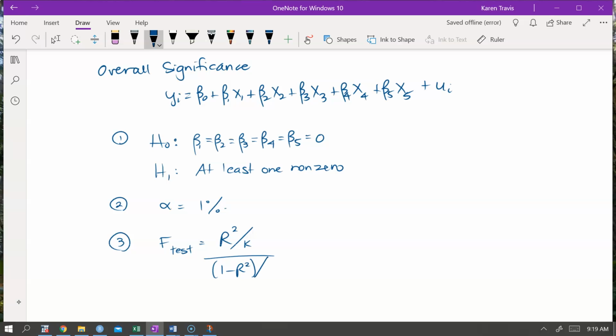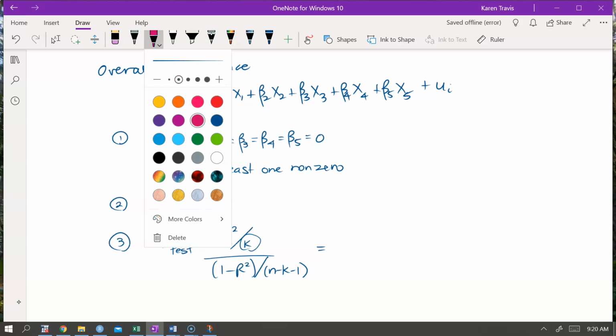It won't work to run a restricted regression with no slope coefficients. This one is based on underlying results from analysis of variance. Well, all regressions are based on that, but for this particular F test calculation, we only need the r squared from the equation that we've estimated. In the numerator, k is the number of variables, and this portion is always representative of the number of restrictions.